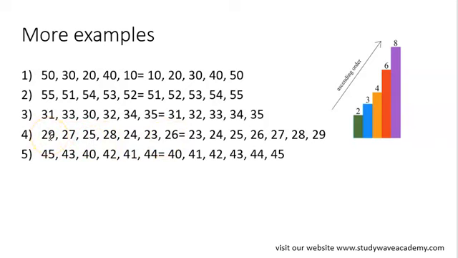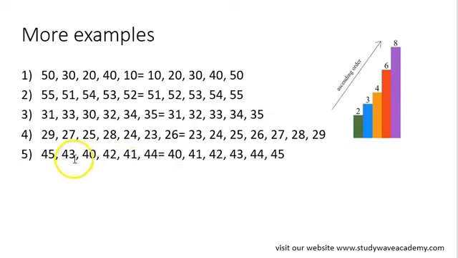So we're going to write it out, okay? Let's go. We have 23, 24, 25, 26, 27, 28, 29. From the smallest to the biggest. Okay, good.